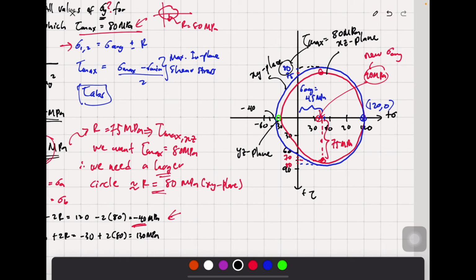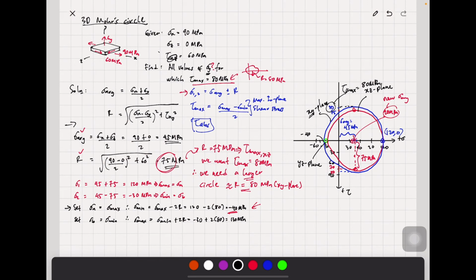So have we answered the question? They are asking for sigma y, for which tau max is equal to 80 megapascal. So for the XY plane, remember this XY plane, the maximum for XY is 120, and the least that we can have for our sigma y will be negative 40 megapascal.